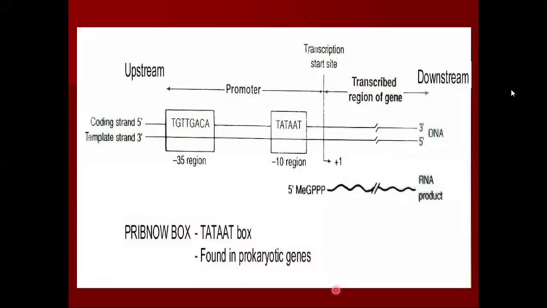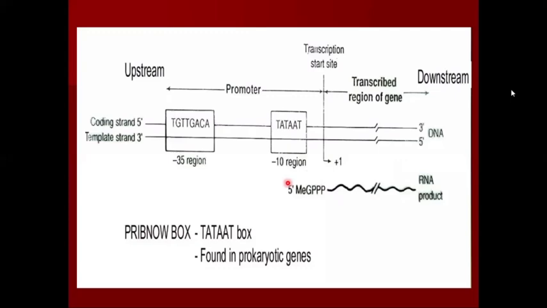So this is an illustration of a prokaryotic gene, and this is the transcription start site. Okay? And that is where transcription begins. The nucleotide from here up to there is given a positive number. Okay?